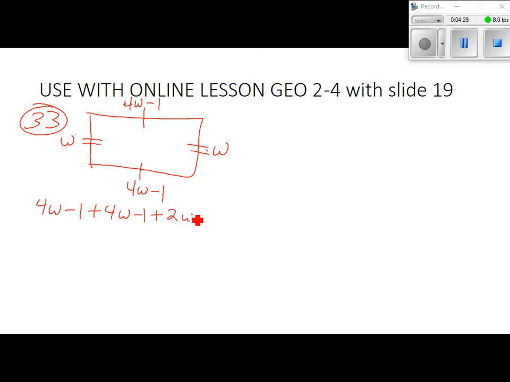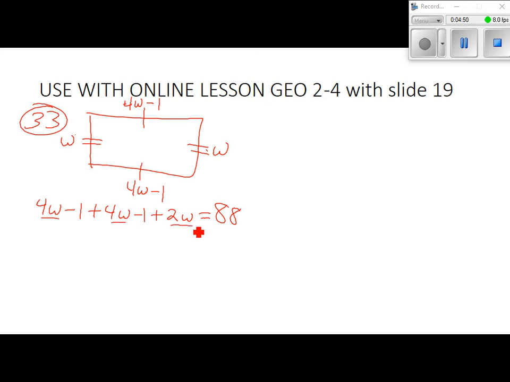W plus W is 2W. And all that should total up to equal how much? 88, because it's the perimeter, right? We're not doing the total of the angles or anything, we're doing the perimeter, so they told us the perimeter is 88. How are we going to solve that?